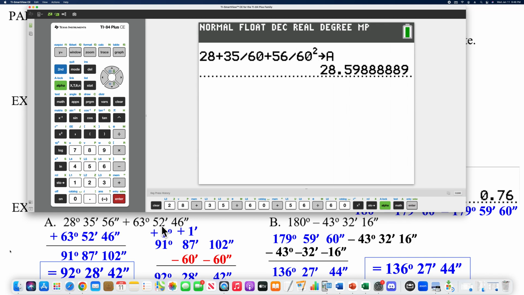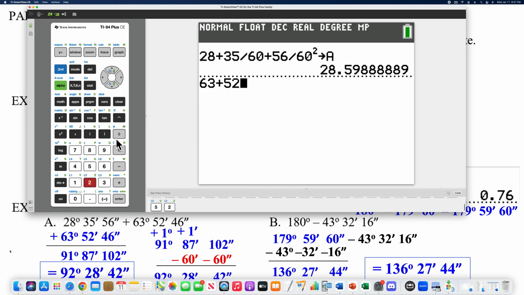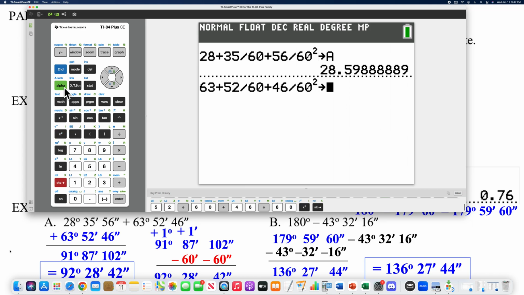Then I'm going to do the same for the second one. 63 plus 52 divided by 60 plus 46 divided by 60 squared. There it is. Store that in alpha B. So there's my two angles.